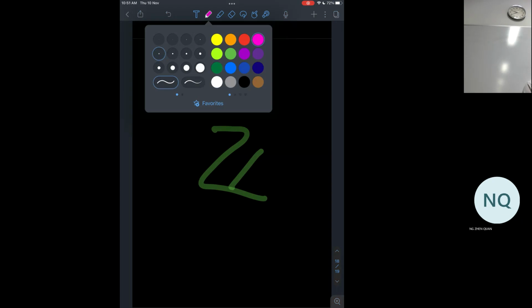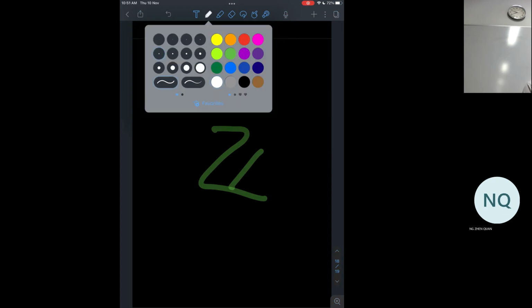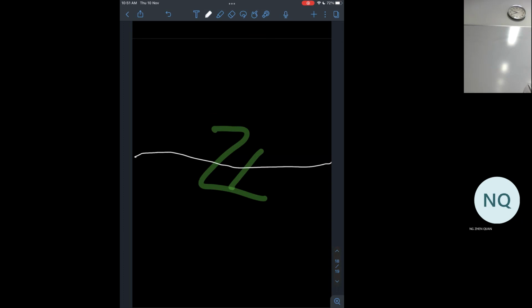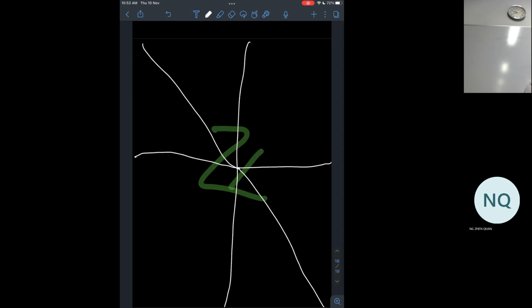Okay, use this page. So imagine you have Z. Then the equivalence classes will partition the set into 7 sets: 1, 2, 3, 4, 5, 6. Like this.